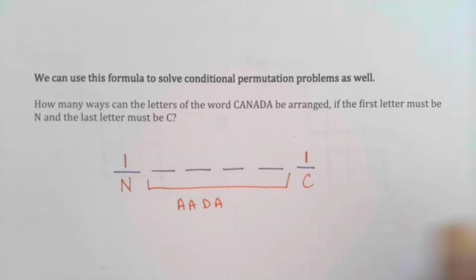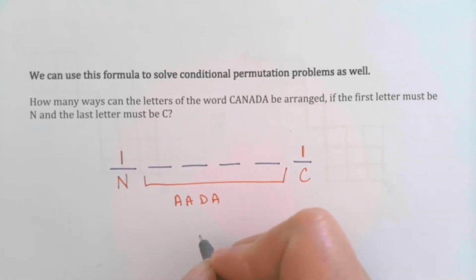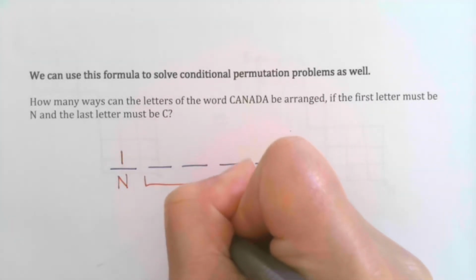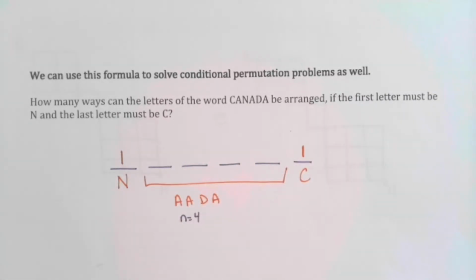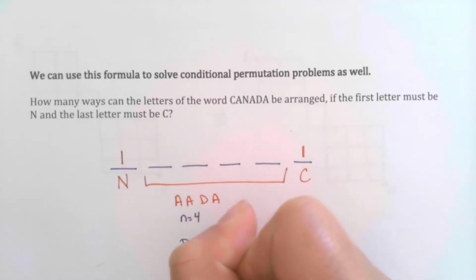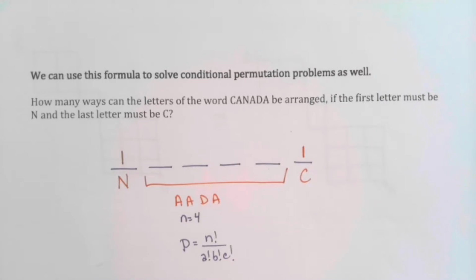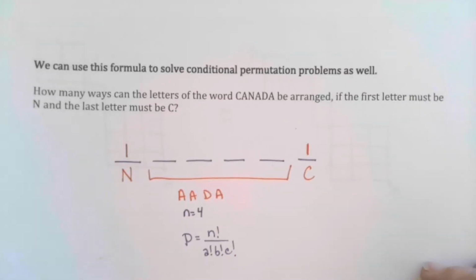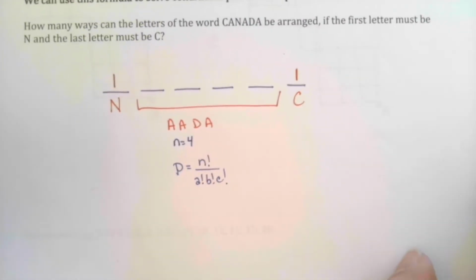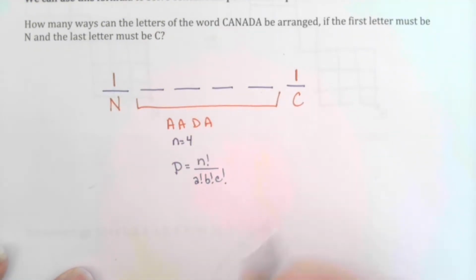So in order to figure out this middle piece, what we're going to do is we're going to say that there's 4 things we're going to choose from, and we're going to use our repeat formula. So n factorial over a factorial, b factorial, c factorial, in order to figure out how many possibilities there would be for those middle ones if we have to ignore the repeated letters.